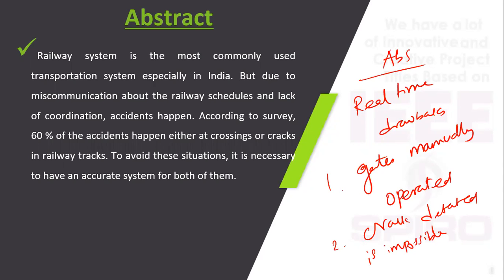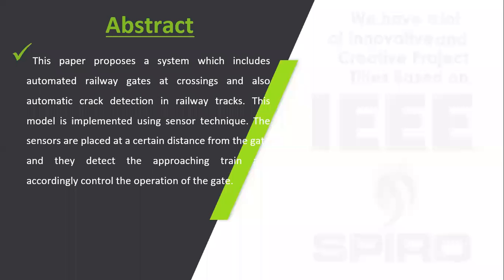These are the drawbacks in the existing system. This is overcome using the proposed system, so we are using an Arduino-based railway crack detection and track monitoring system.